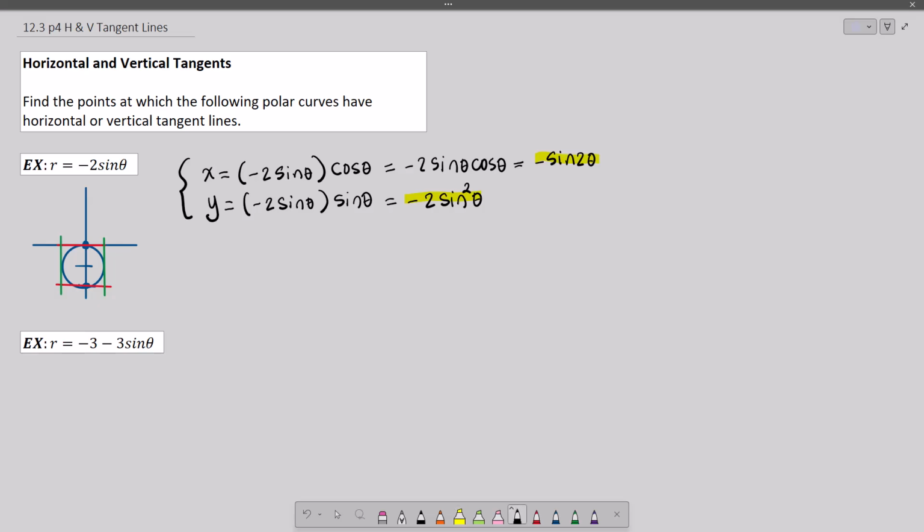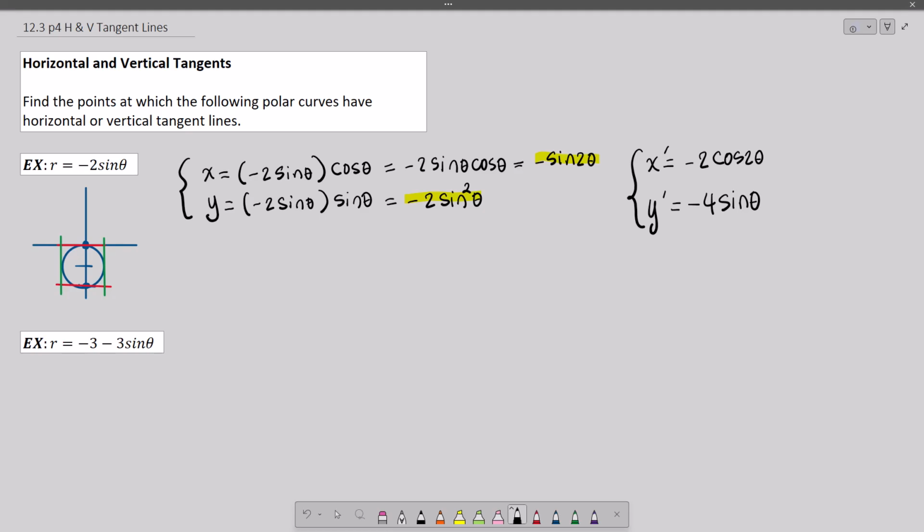Let's find our derivatives. So the derivative of x, cosine 2 theta times 2 with a minus sign in front. So cosine 2 theta times 2. This one we have to use the chain rule. So it's going to be negative 4 sine of theta to the 1.